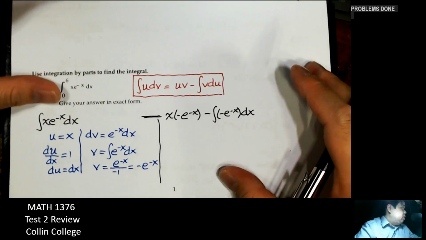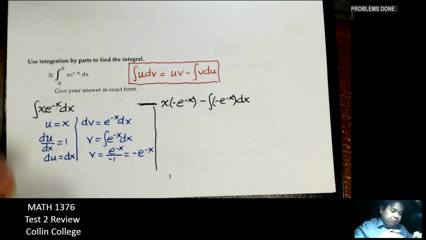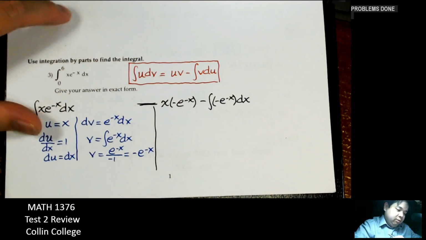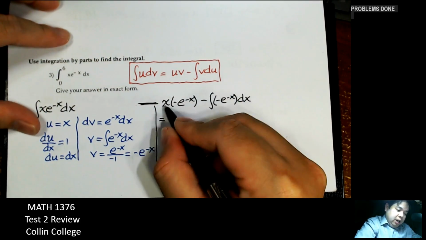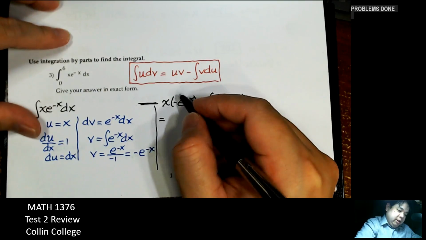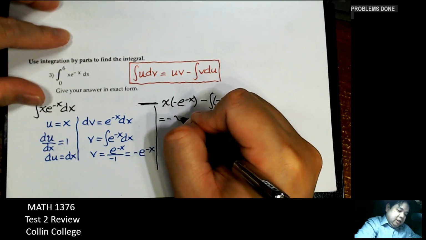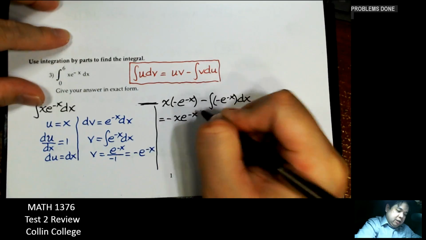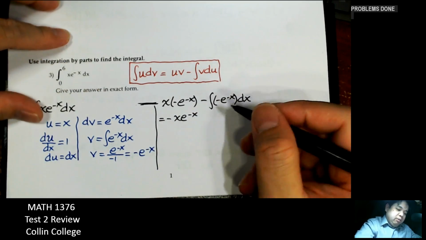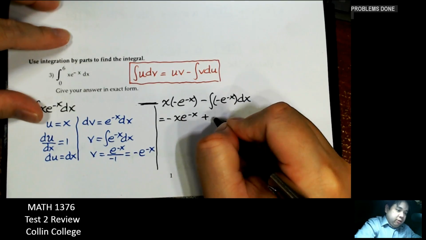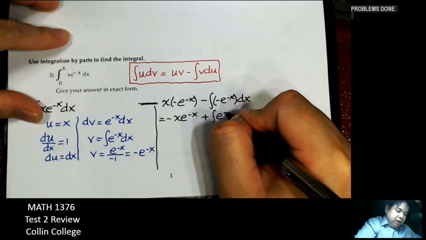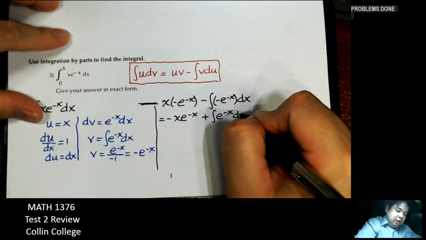We will use the table a little bit later, but for now I'll just use that formula for this problem. Right. So we simplify, we'll have negative x e to the negative x, negative and minus a negative, so that is positive, e to negative x dx.